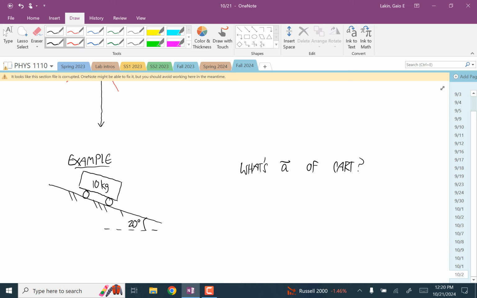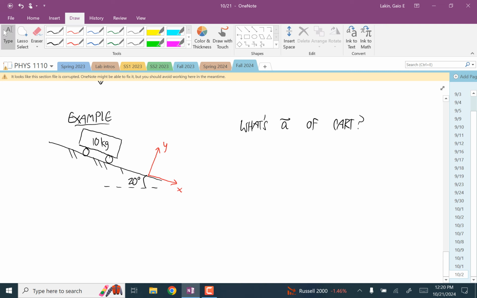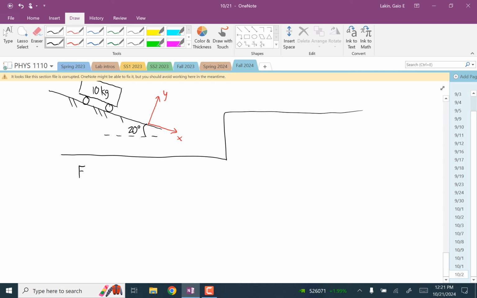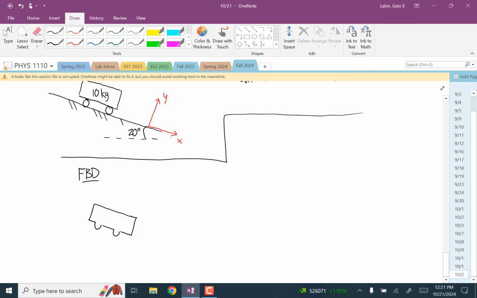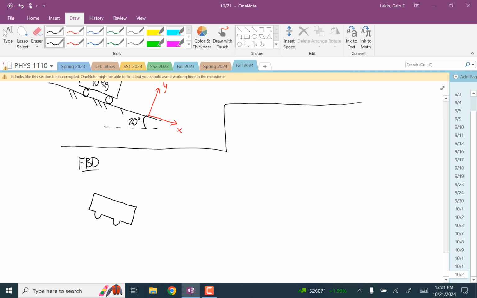Okay, we're going to use a coordinate system with the y-axis pointing out. And so the x-axis is this way. And so I'll start with a free body diagram. Okay, we have a weight force down.